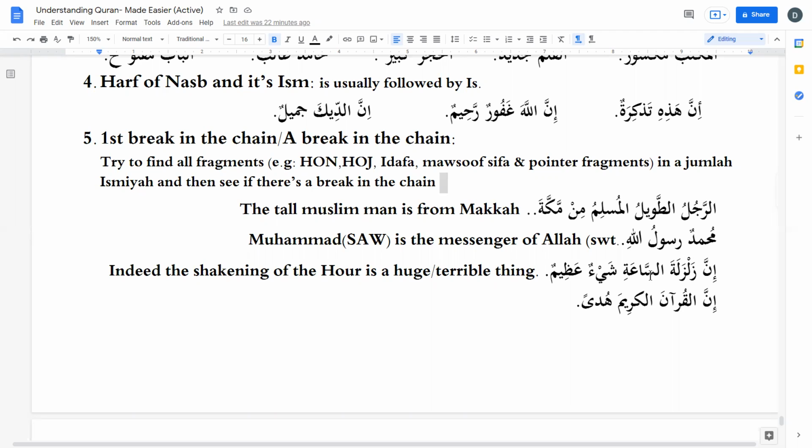Then we have as-sa'ati. Zalzalata as-sa'ati. Do you see a fragment over here? Which fragment? Yes, you are right. Zalzalata as-sa'ati is a fragment. Which fragment is this?